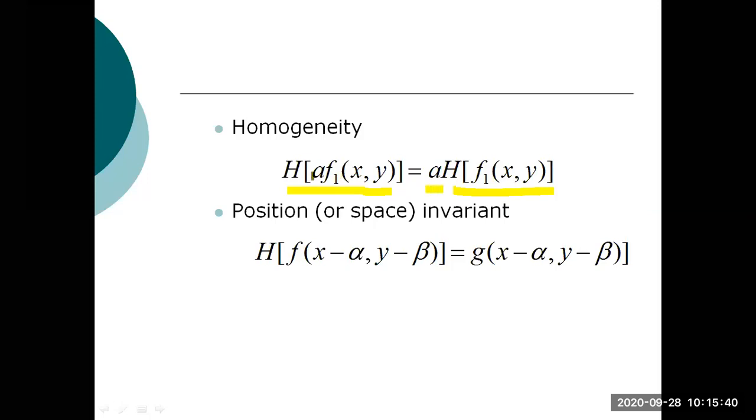That means H of A into f1 of x comma y, where f1 of x comma y is a two-dimensional function or image scaled with A and then operated on by H, is equivalent to first operating H on f1 of x comma y and after that multiplying with A. Both are equal. Then this condition is called homogeneity, and the system is homogeneous.